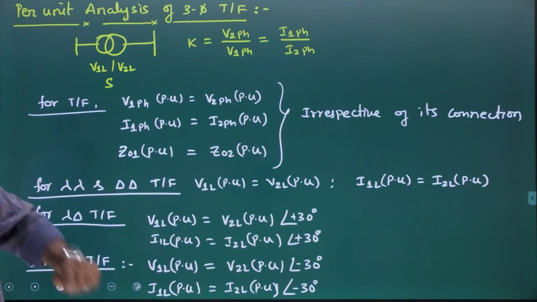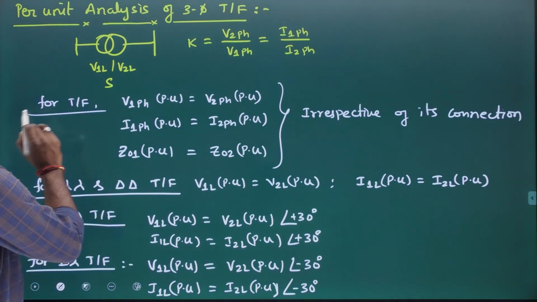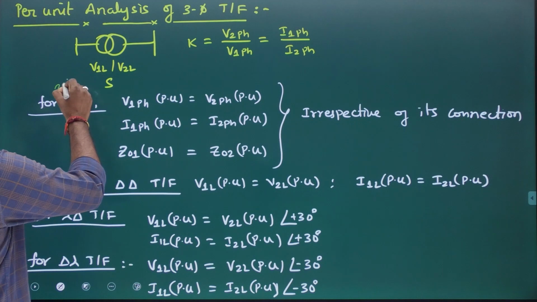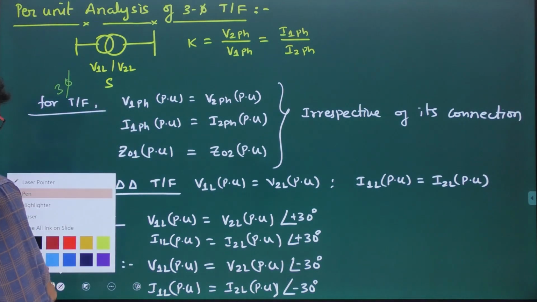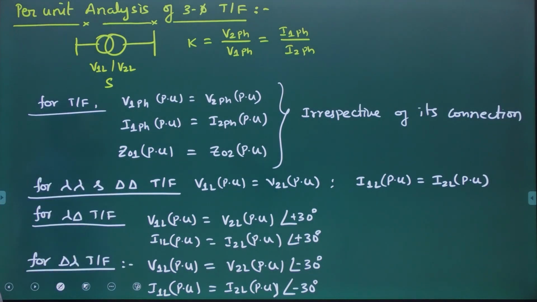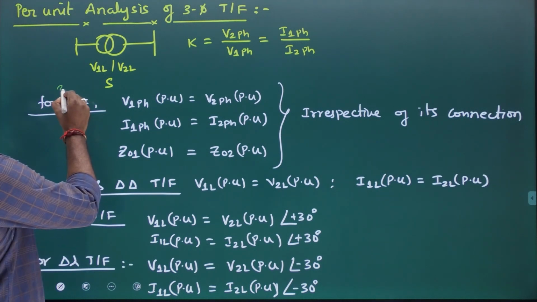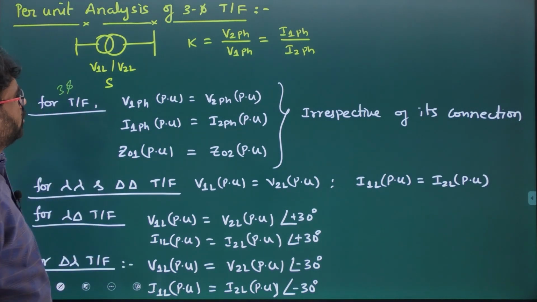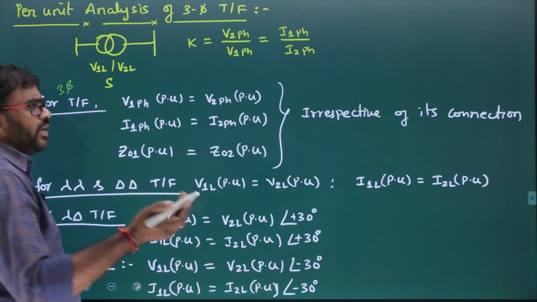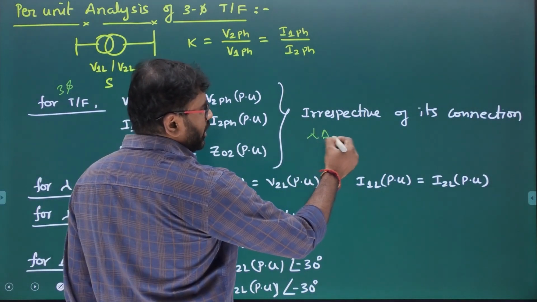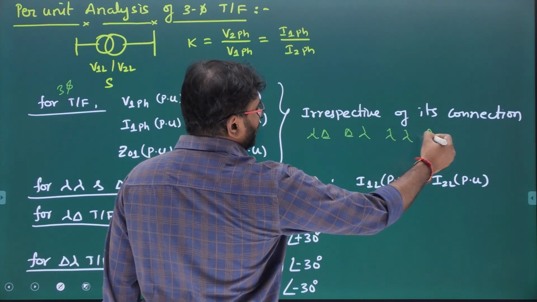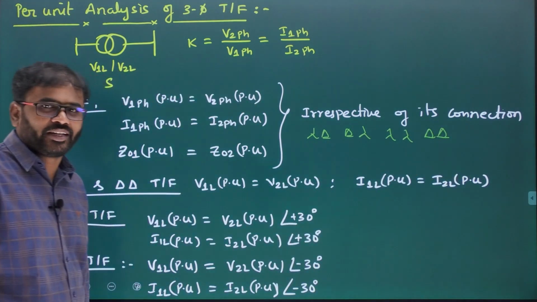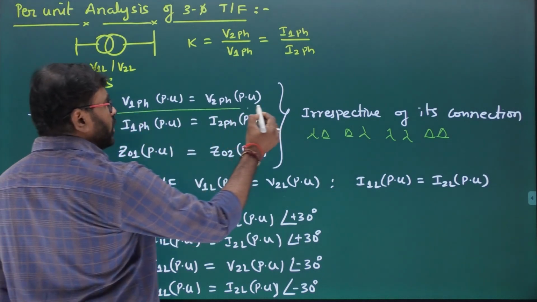So these things are also very important here. For a three-phase transformer, no matter whether it is star delta or delta star or star star or delta delta, whatever may be the transformer connection, V1 phase and V2 phase are always the same.